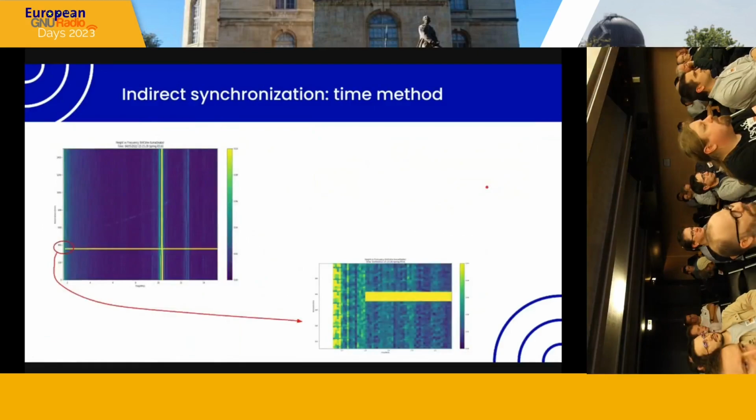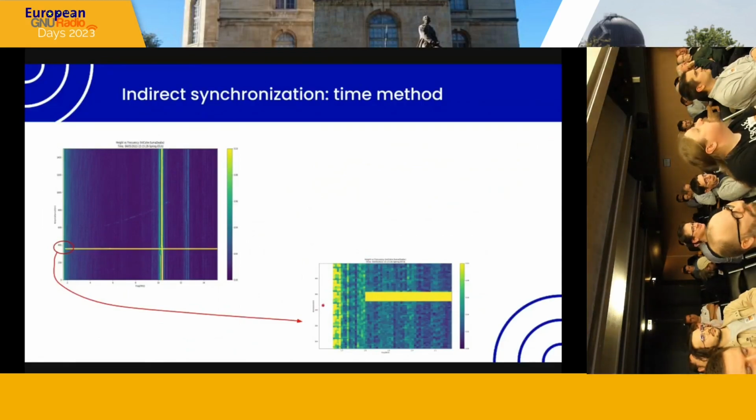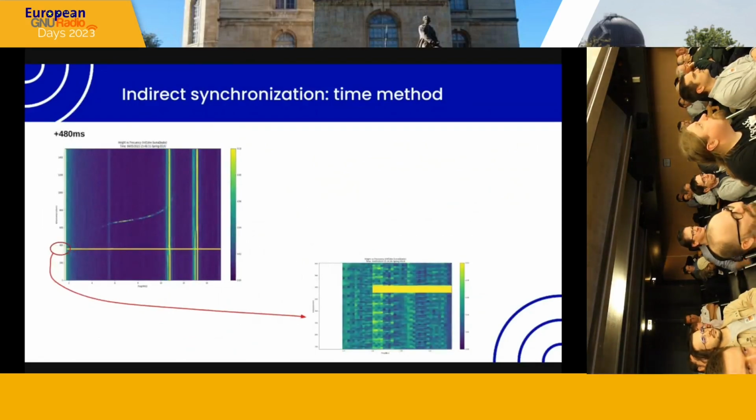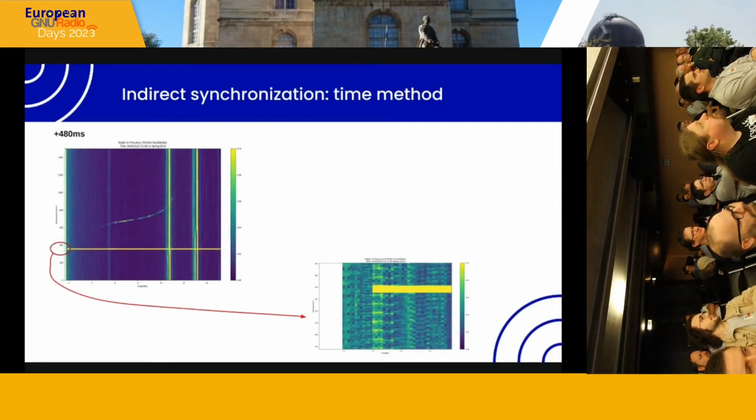And what we saw was that we were closer to the reference. We got a better echo, but it was not so good. What does it mean? It means that transmission and the reception are not at the same time, even when we thought that was correct. We had to add more time, in this case, 480 milliseconds.